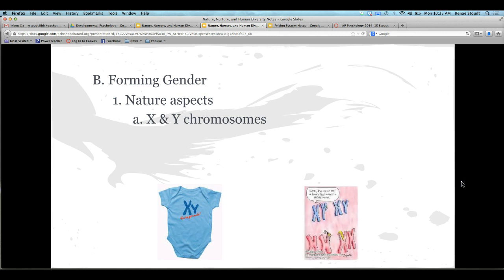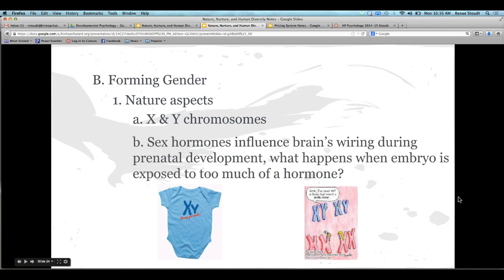So, what else do I want to say? Oh, this one says that women always have double X and men have X and Y. So the sex hormones actually influence the brain's wiring during prenatal development.